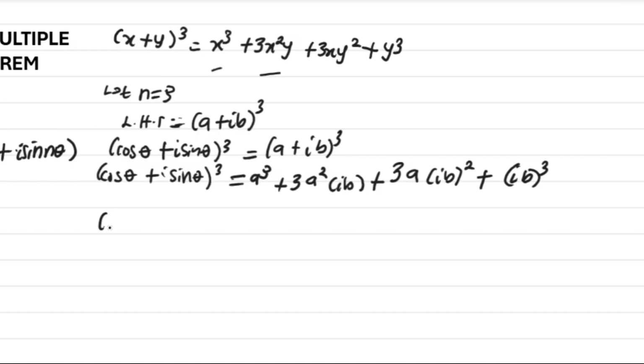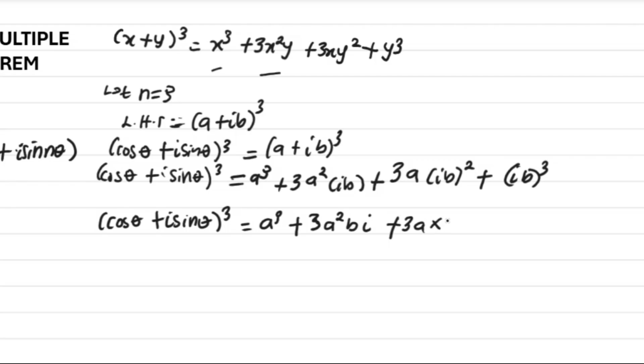So from here, cos theta plus I sine theta raised to power 3 is going to give us A raised to power 3 plus 3A square times I times B, which is 3A square bi, plus 3A times I square times B square plus I raised to power 3 times B raised to power 3.